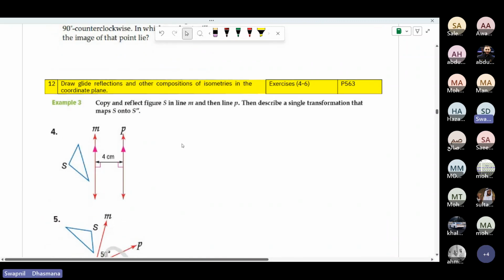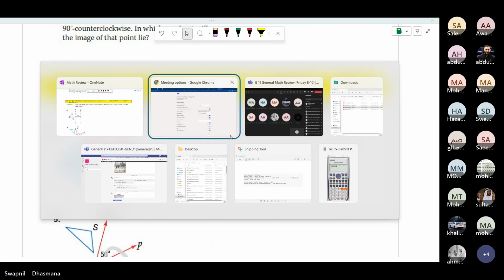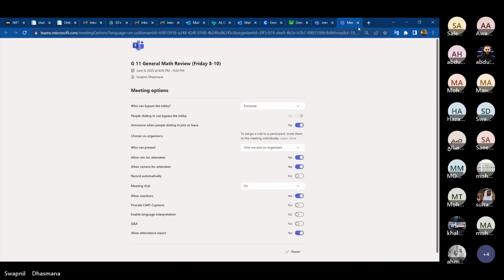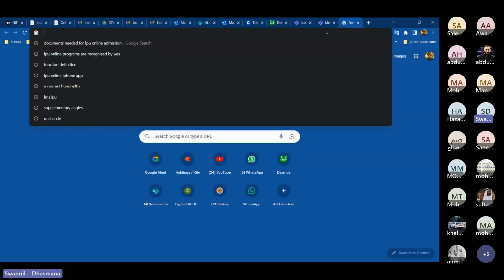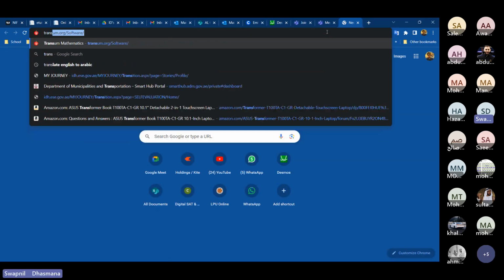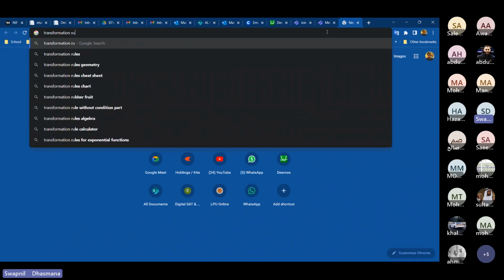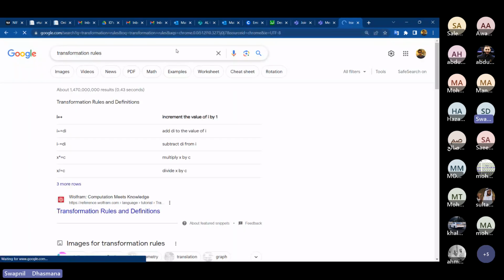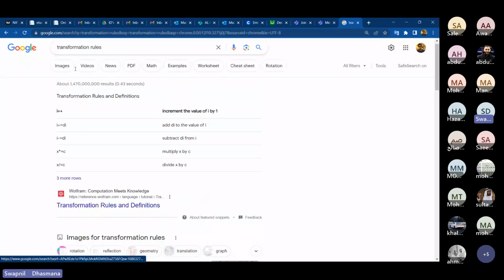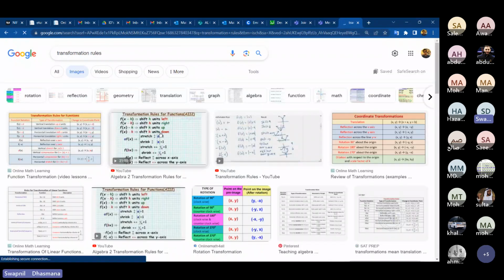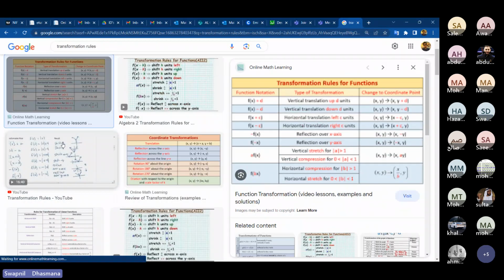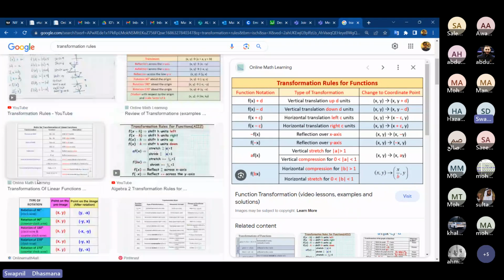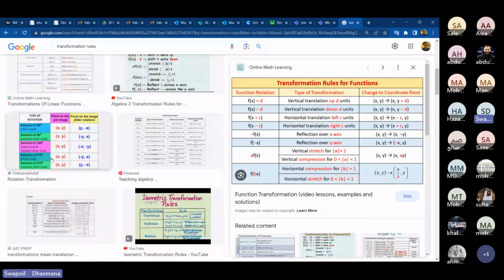By the way, you can also find the rules. You can write transformation rules. So if you do that, this is the function, this is the rotation rule.